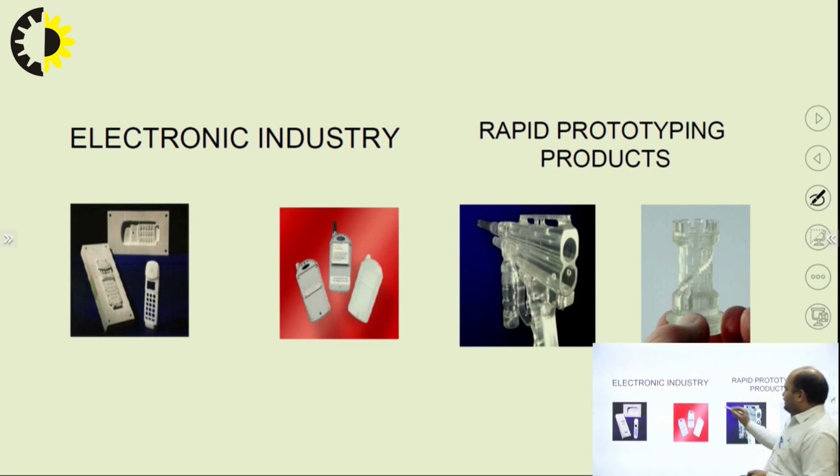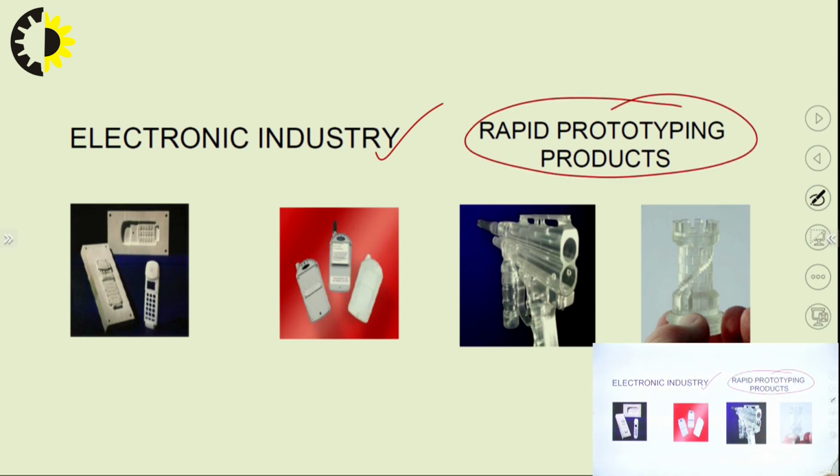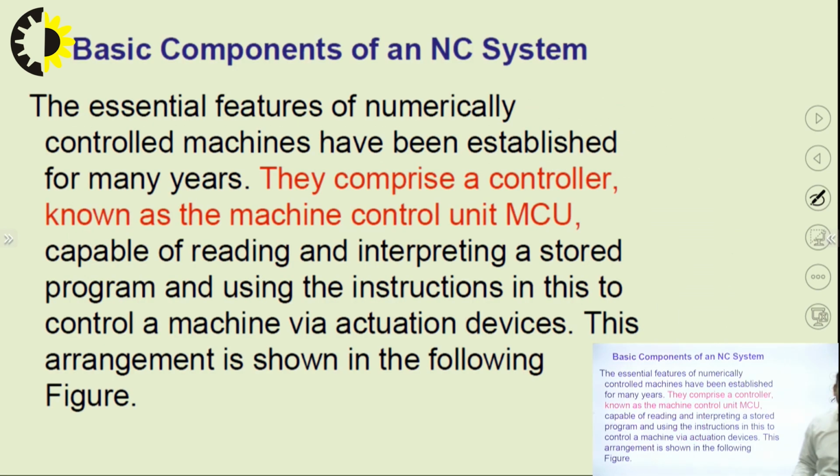Apart from this, it is widely used in electronics industries, and also very popular in rapid prototyping of products, where we can manufacture the components with the application of 3D printing. So it can be used in metallic as well as in plastic products.